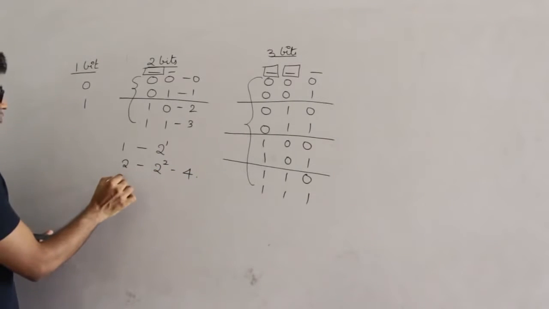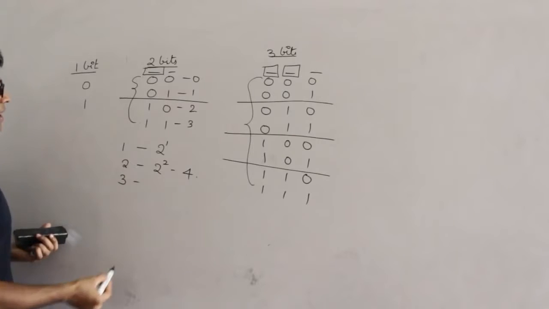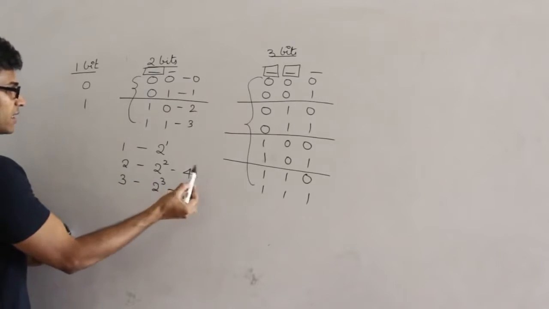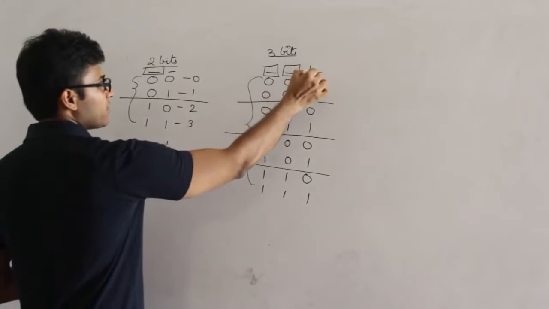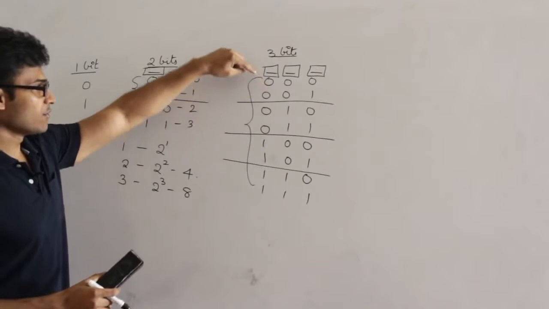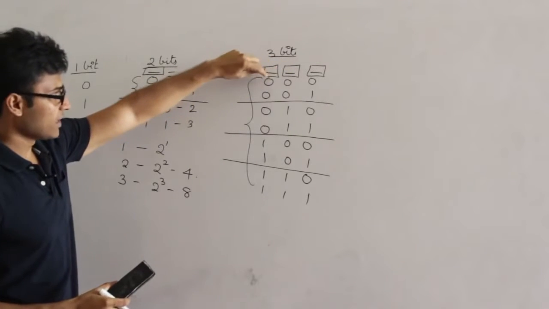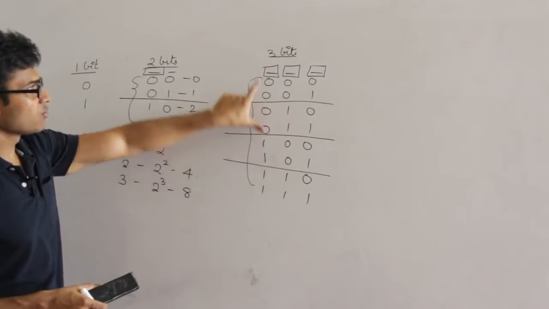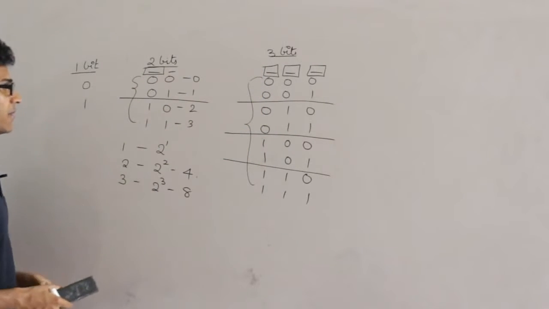Similarly, if you choose 3 bits, all the bits are distinct and every number is in a separate part. Therefore you get 2 power 3 parts, which is 8 parts, right?